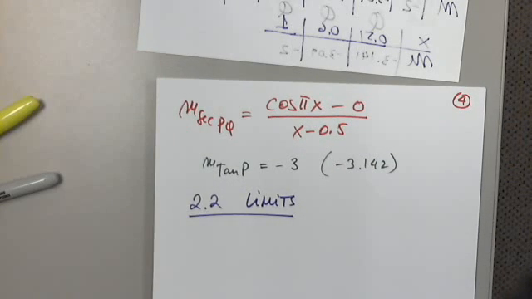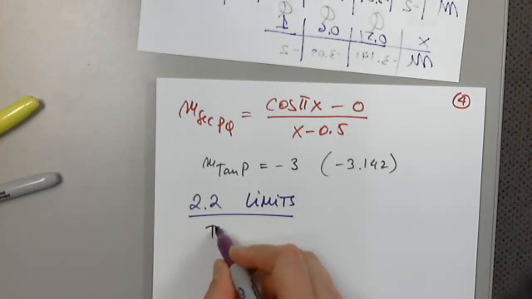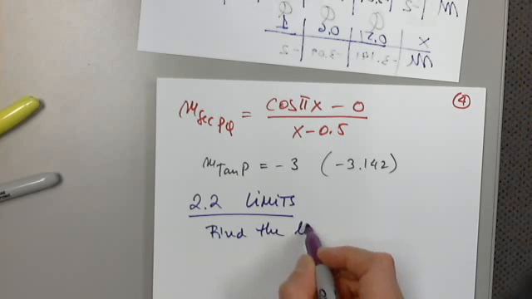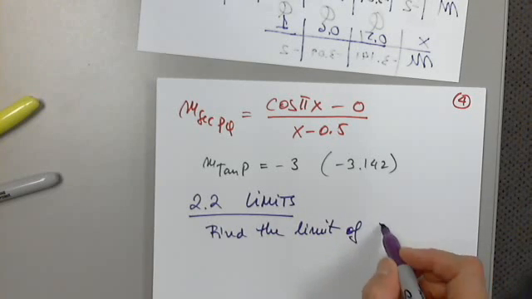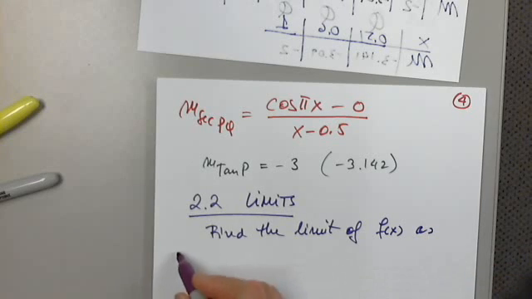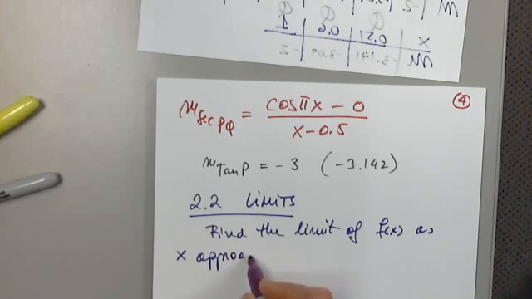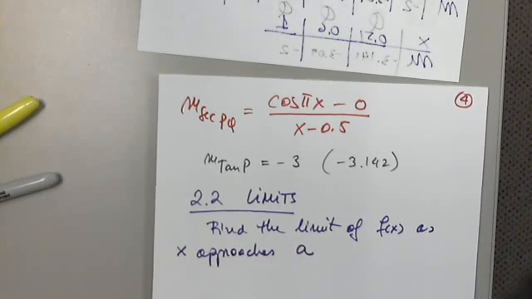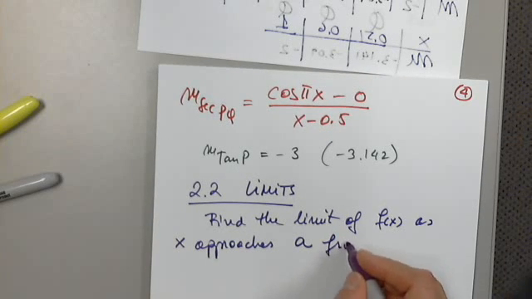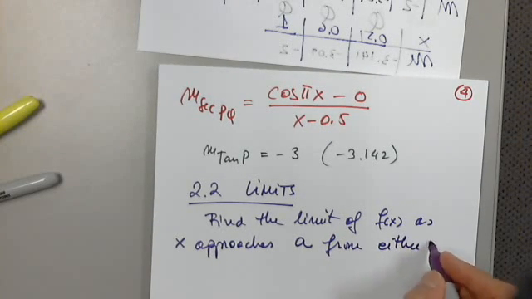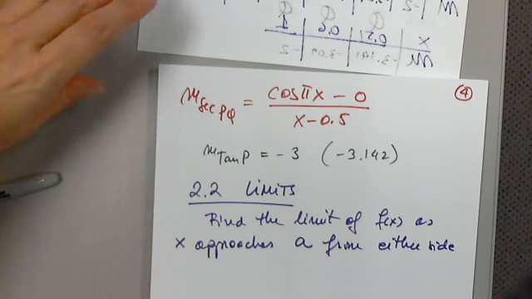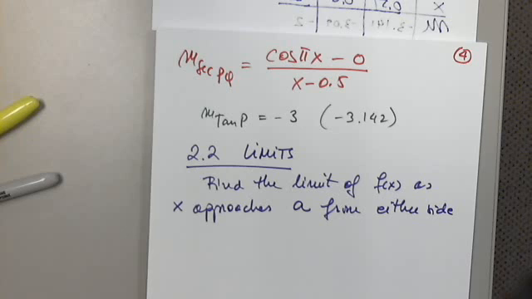Let's say we are trying to find the limit of f of x as x approaches a from either side. So let's say this is our problem now. We're trying to find a nice way of writing the limit of f of x as x approaches a from either side.